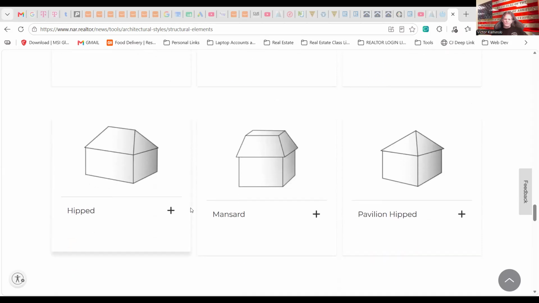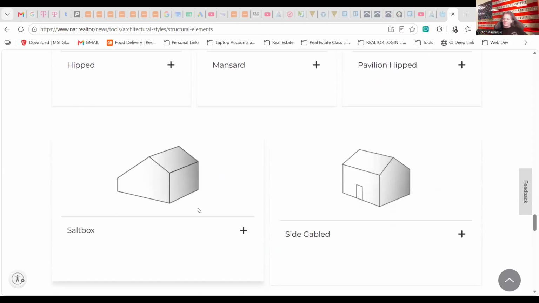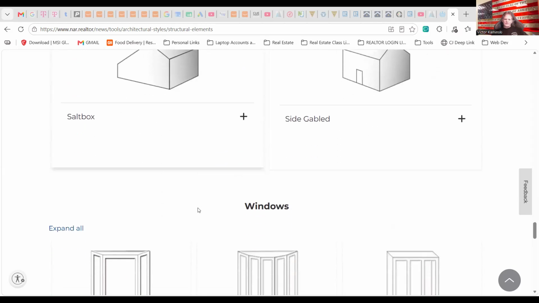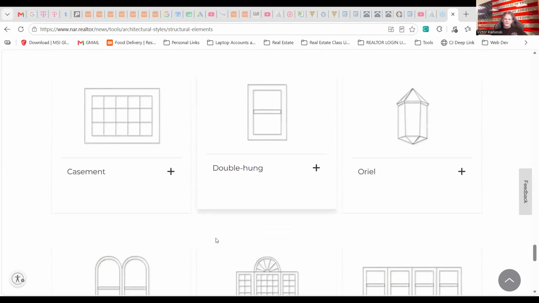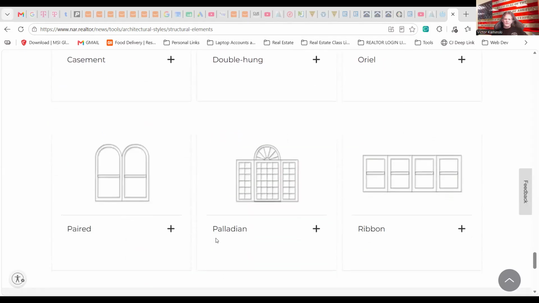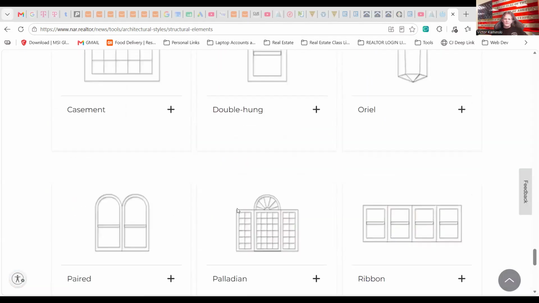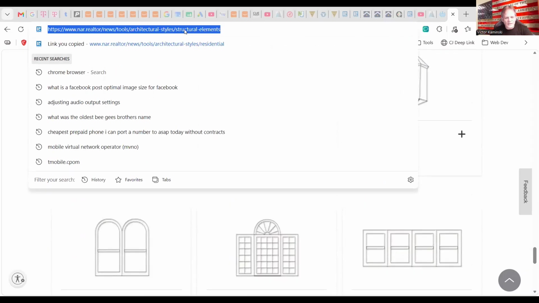What are they called? If you're going to be in real estate, it's good to learn these things. The different type of window casings. Share that link with you guys as well.